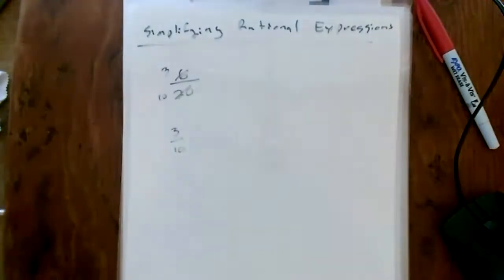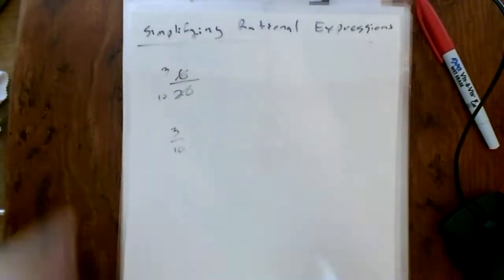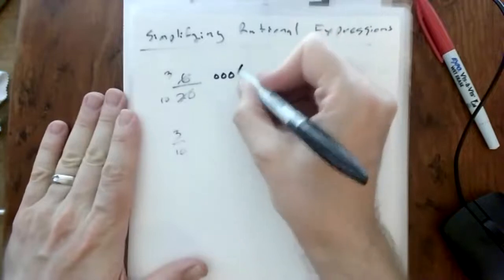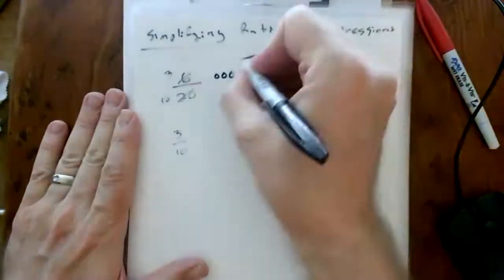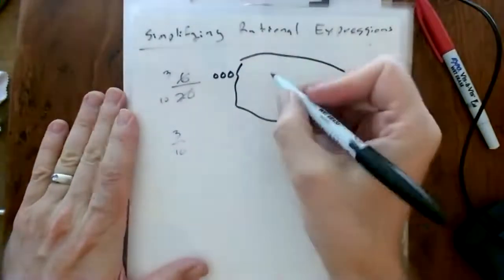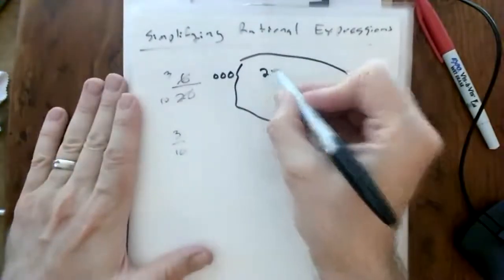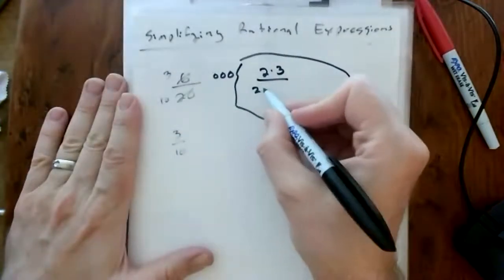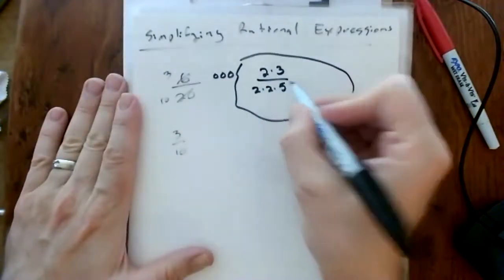What's happening is something a little bit more complex, and it's happening kind of behind the scenes. So here's what we're really doing. I want us to show this step when we're going into it. We're going to say, oh, this is 2 times 3 is 6, and 20 is 2 times 2 times 5.